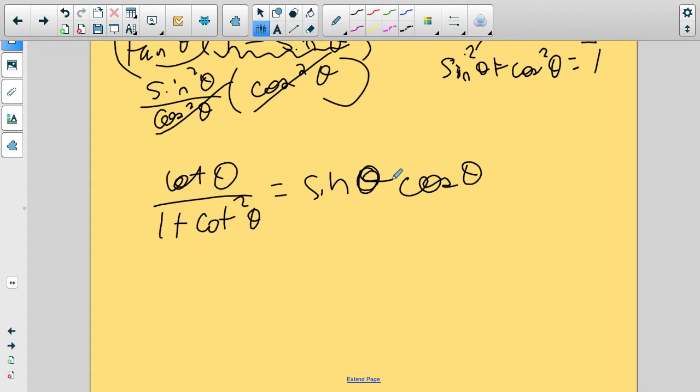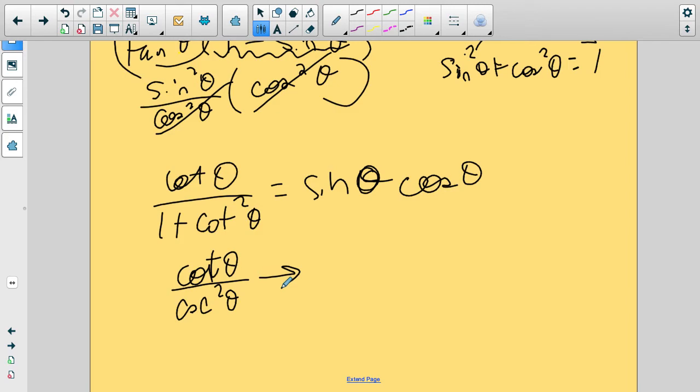What's 1 plus cotangent squared? Cosecant squared theta. One option is to change it to that, so let's do that. Now that wasn't super helpful. I eventually am gonna have to go full over to sines and cosines. What's cotangent? It's 1 over tangent, but we don't want that one.